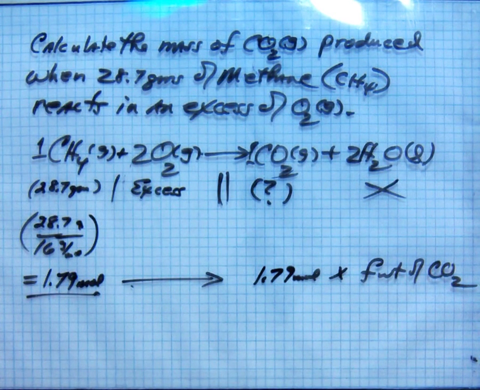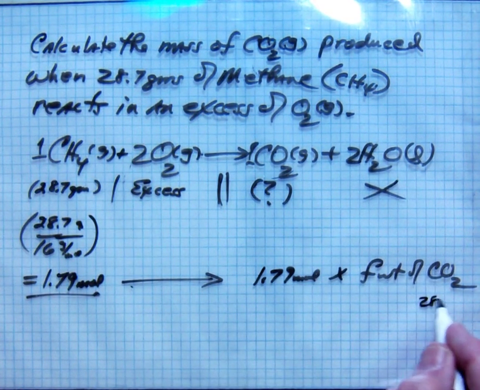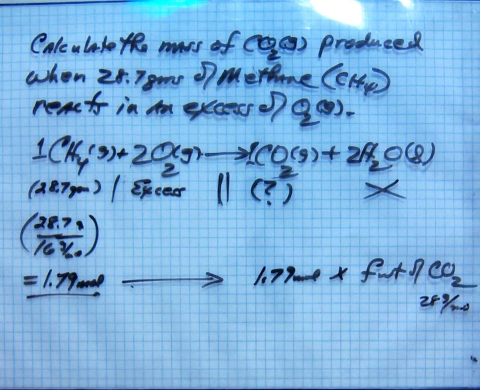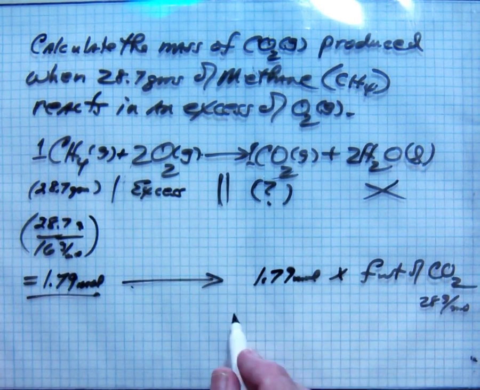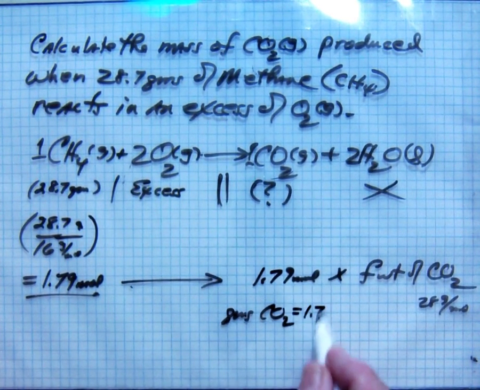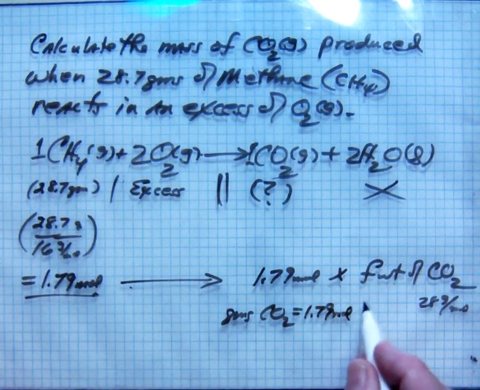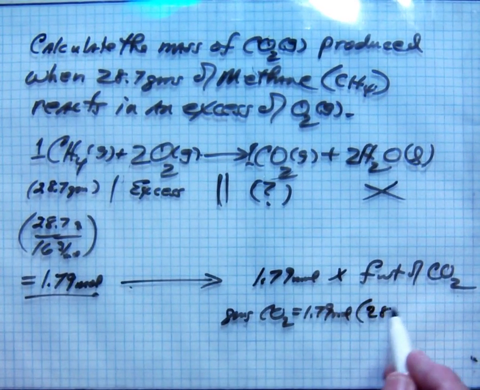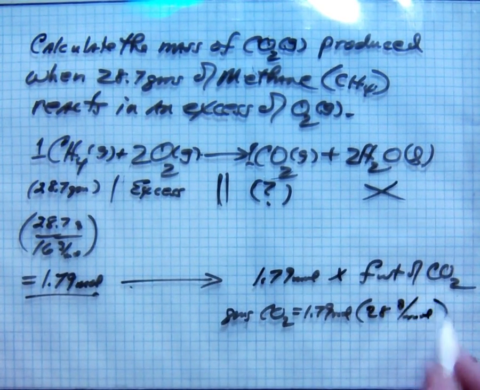So this is 28 grams per mole. So grams of CO2 now, 1.79 mole times 28 grams per mole.